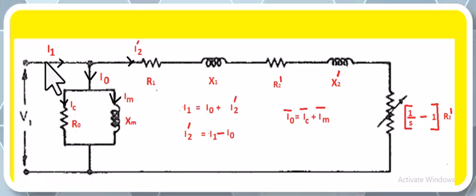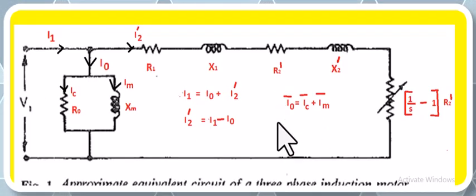Applying KCL at this node, it can be written as I1 is equal to I0 plus I2 dash. From this we can write I2 dash is equal to I1 minus I0. Knowing all this, we can draw the vector diagram.